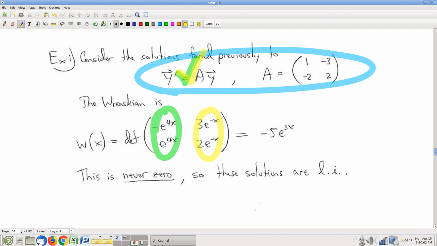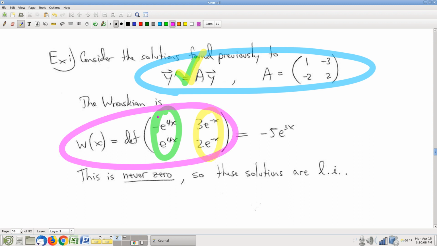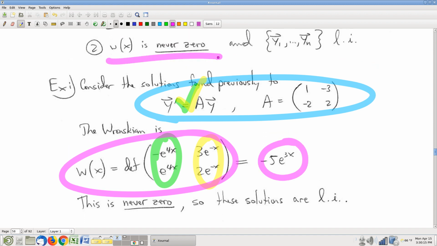Does our Wronskian do what it's supposed to do? Well, let's see. Take those, make those the columns of a matrix, take the determinant, you get this. Notice that is never 0, and therefore our answer is independent, which again we already knew, but good sanity check for this Wronskian.